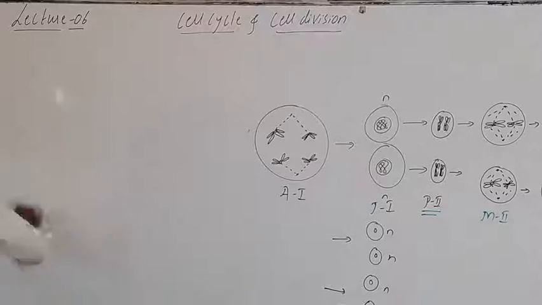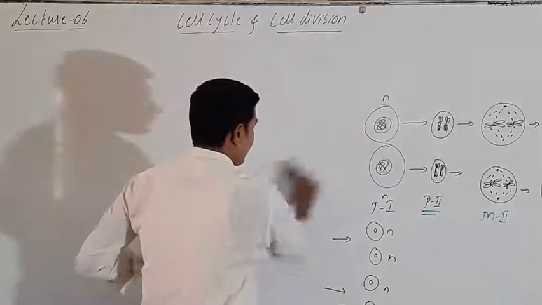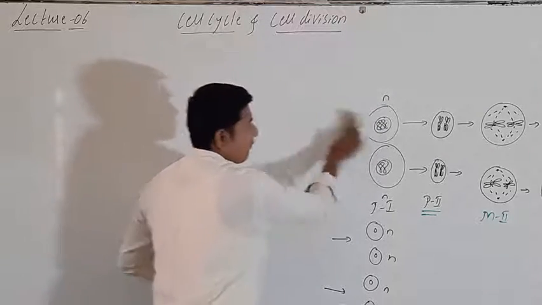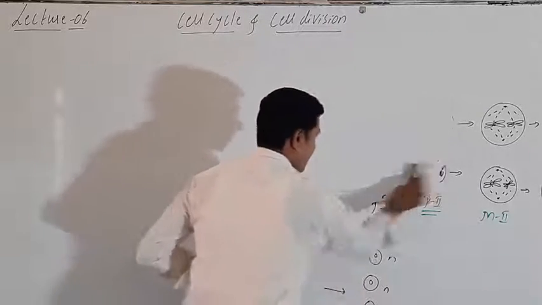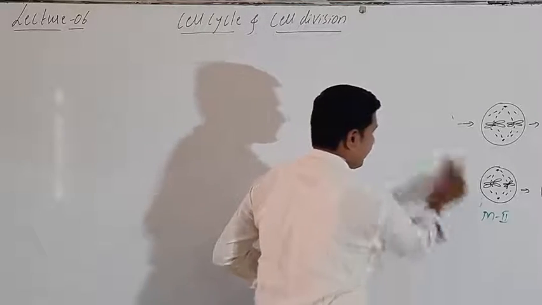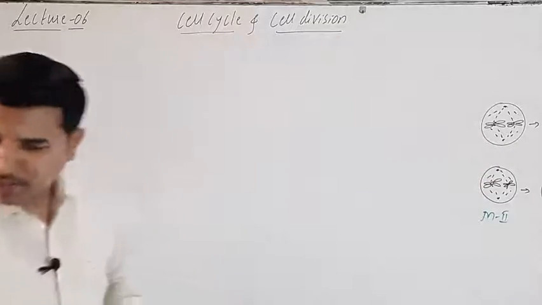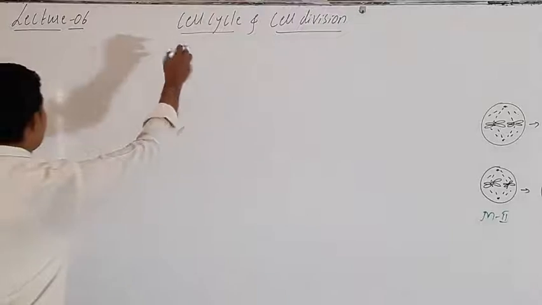Then what is the end product of meiosis? The end product of meiosis is formation of gametes. Okay, that is the end product, right? So let's see the significance of meiosis.